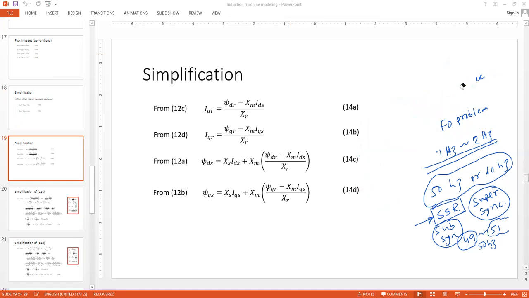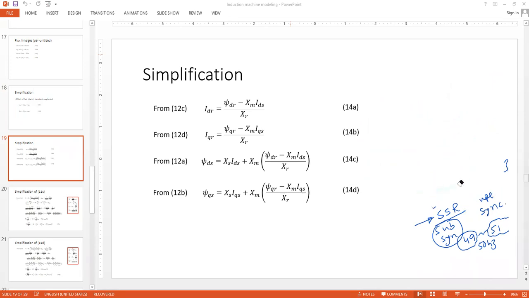Now, as I said, there is the presence of currents idr, iqr, ids, iqs, which are not state variables, not variables where d by dt terms appear. So what we can do is slowly try to erase them and replace them by their equivalent expressions.